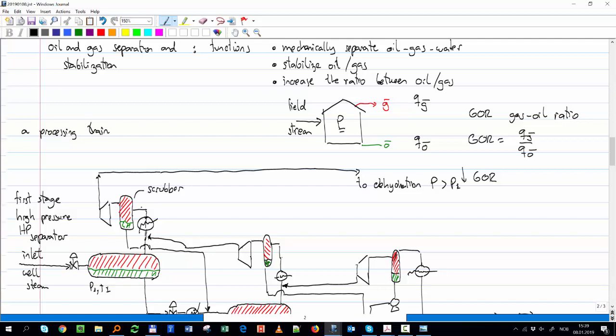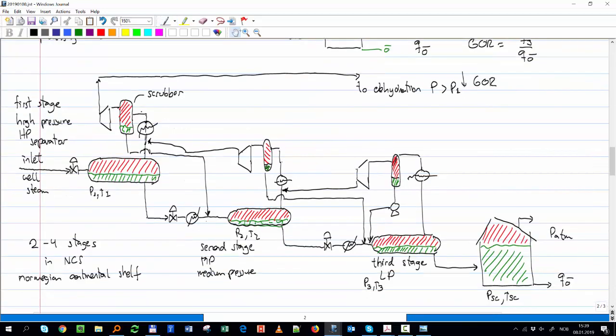Sometimes if the fluid rate is too high, let's say I have a huge rate of oil and gas, I need more than one train. If I put one big train, it will be too big, difficult to manufacture, costly to manufacture, costly to install, costly to move. So I prefer to simply put two trains parallel to each other, which you can see in some facilities.